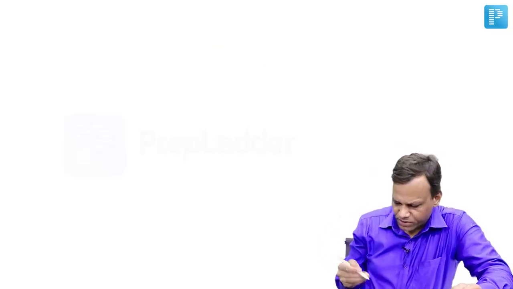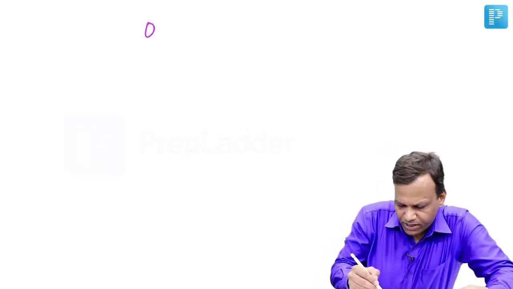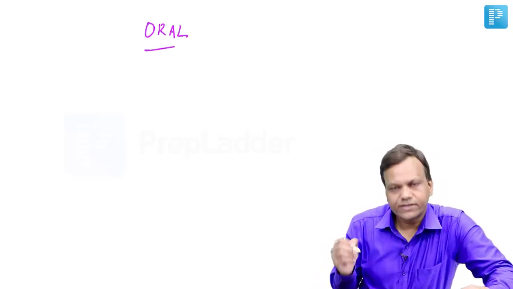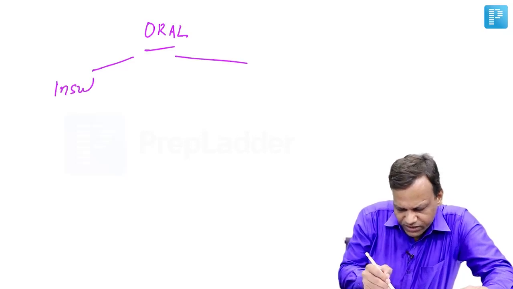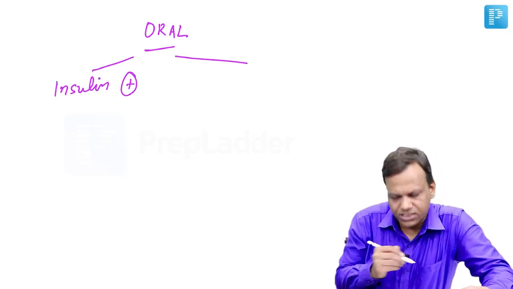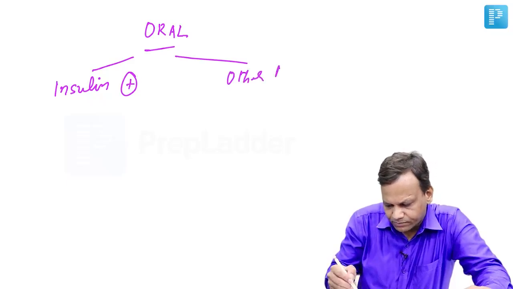Okay. Now, apart from insulin, there are some other drugs which can be used in diabetes, preferably oral anti-diabetic drugs. And oral anti-diabetic drugs we can divide into two categories. One which acts by secreting insulin, called insulin secretagogues, and second which acts by some other mechanism.